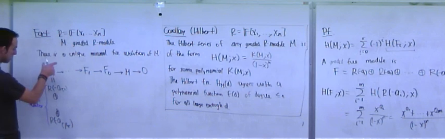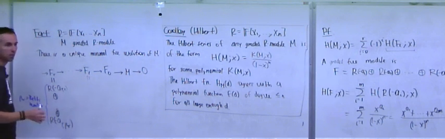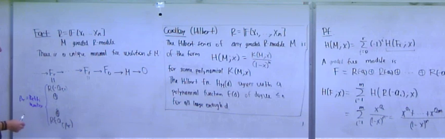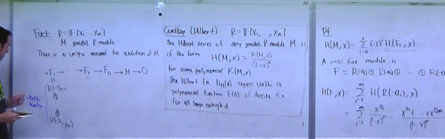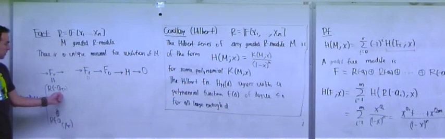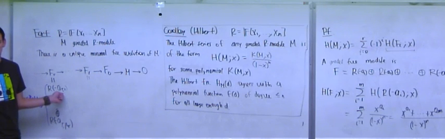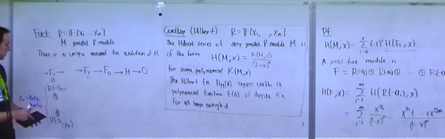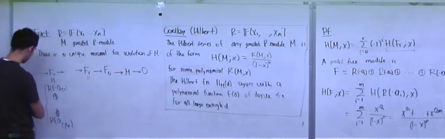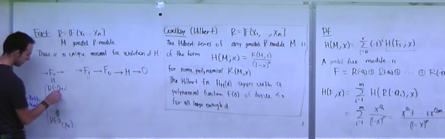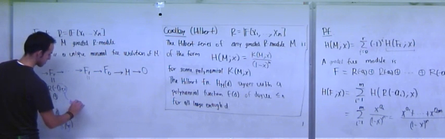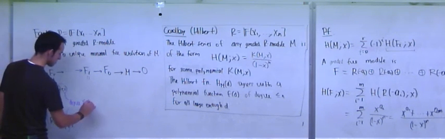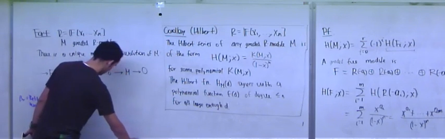And so I have a big column like this for each one of these guys. And this unique minimal free resolution is going to be minimal in the sense that the length is minimal, the Betti number is minimal, and the shifts are minimal. All of that at the same time. These are called the shifts. So this is the Betti number, and these are the shifts, the degree shifts. Each one is a number.